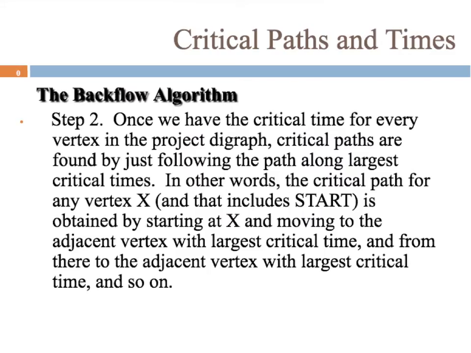Alright, step 2, the backflow algorithm. Once we have the critical time for every vertex in the project digraph, critical paths are found by following the path along largest critical times.